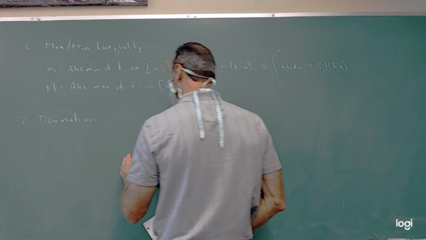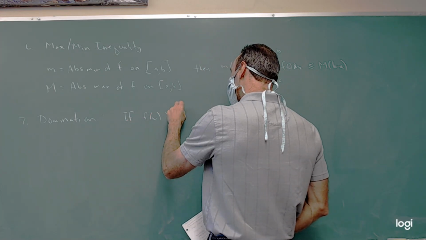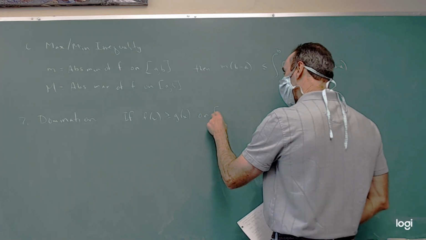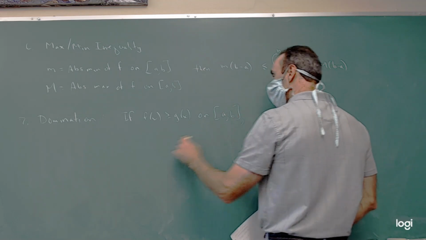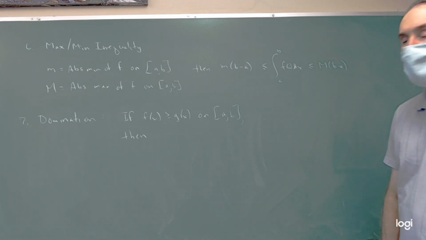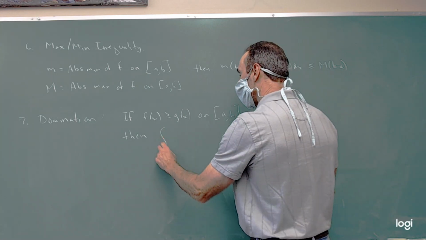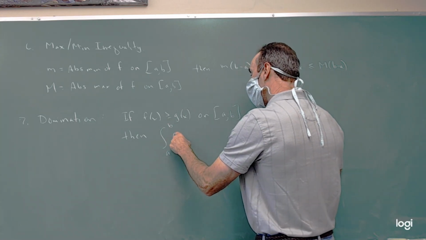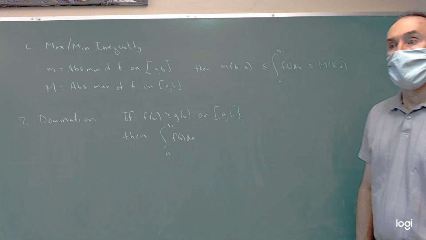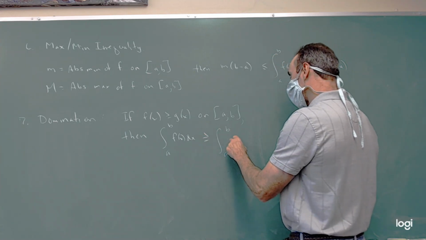So the idea is if f of x is greater than g of x on the whole interval from a to b, I think it's completely reasonable to say the integral from a to b of f of x would have to be greater than or equal to the integral from a to b of g of x.